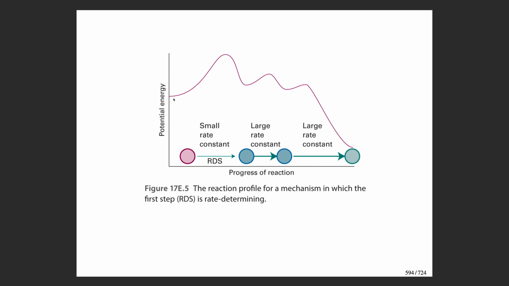So we have our reactants, there's a transition state to the first intermediate, a transition state, then the second intermediate, then a transition state, and then the final products. The rate determining step, the one with the smallest rate constant, has the largest activation energy, and that's what slows everything down. So you have to overcome the largest barrier first, and the rate at which you can get over the large barrier is going to determine how quickly you get from reactants to products.